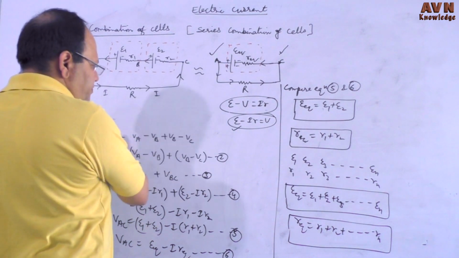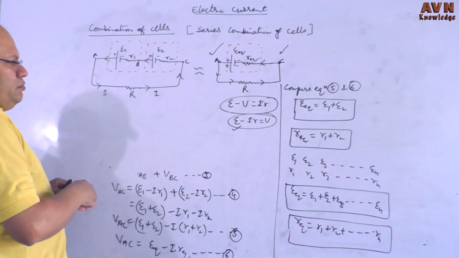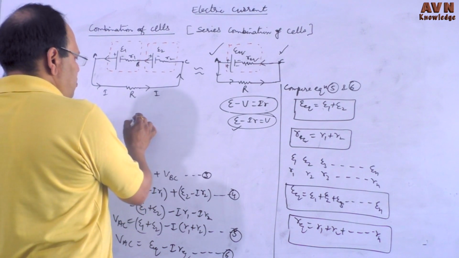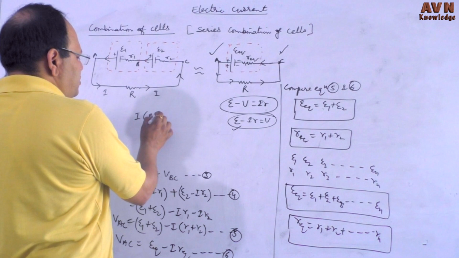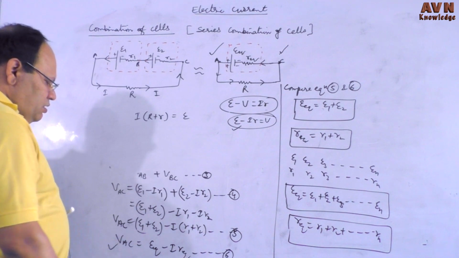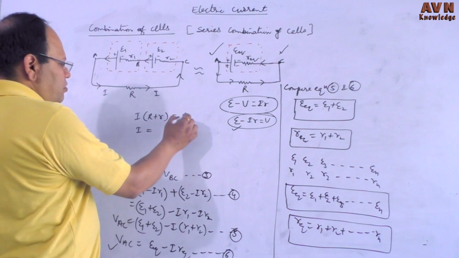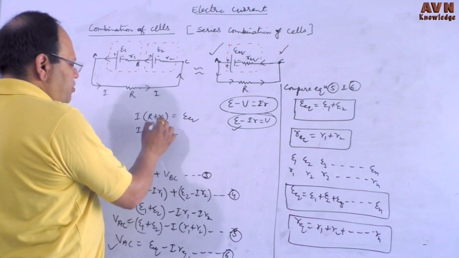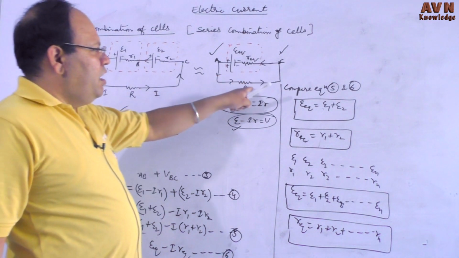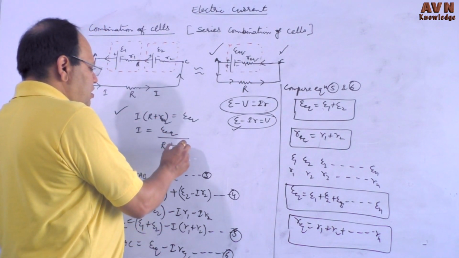What will be the current? When you use this equivalent circuit diagram, with E equivalent and R equivalent, and the external resistance R in series combination, the current will be I equal to E equivalent upon R plus R equivalent.